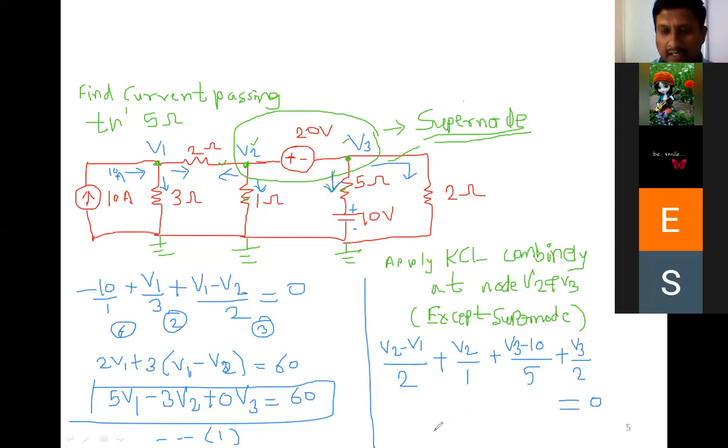You can take LCM 10. I will write the equation directly. Minus 5V1 plus 15V2 plus 7V3 is equal to 20. So this will be the second equation.